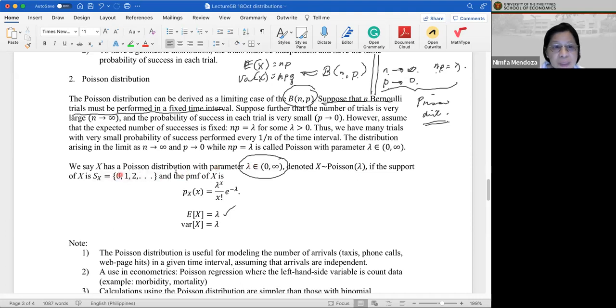So we say that X has a Poisson distribution with parameter lambda, and lambda has to be positive. This is the notation.